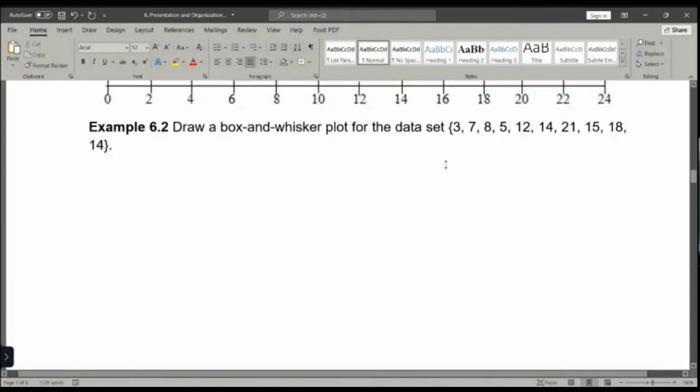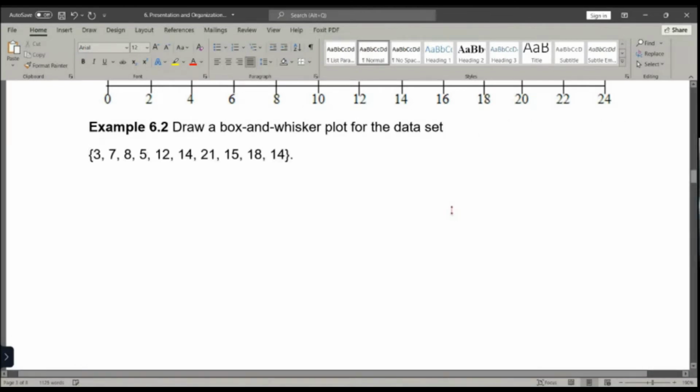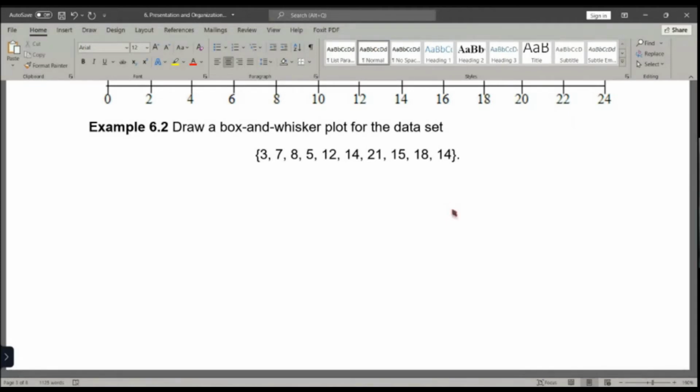More example. So we need to arrange this first into sequential order. What is the lowest?